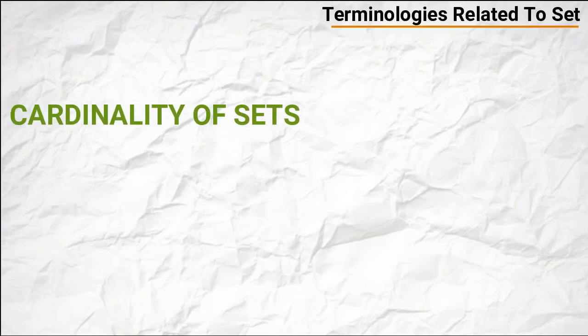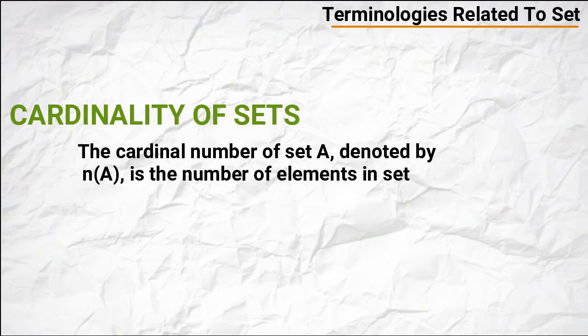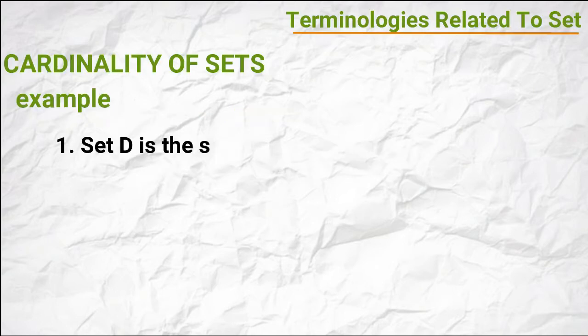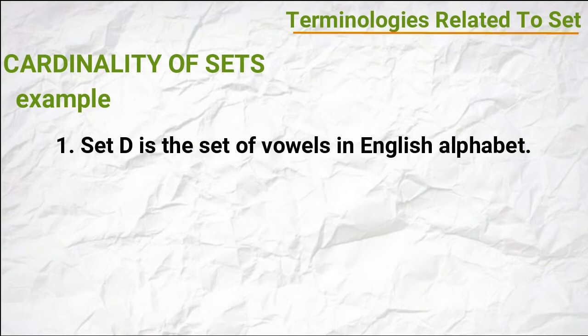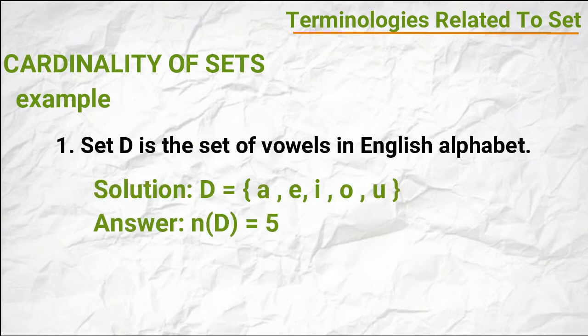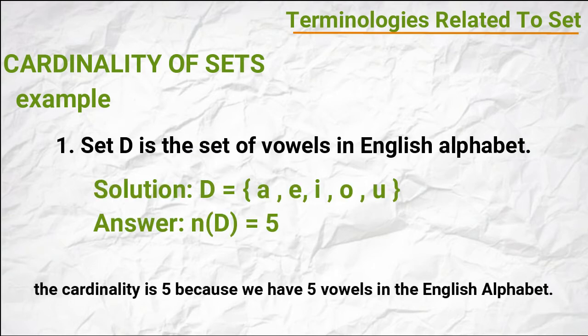Another term related to sets is the cardinality of sets. The cardinal number of set A, denoted by n(A), is the number of elements in set A. In example 1, the cardinality is 5 because we have 5 vowels in the English alphabet.